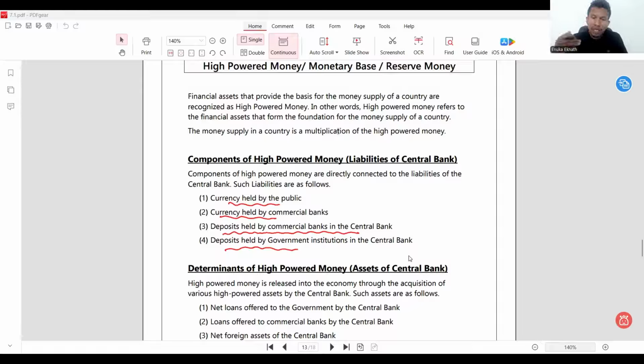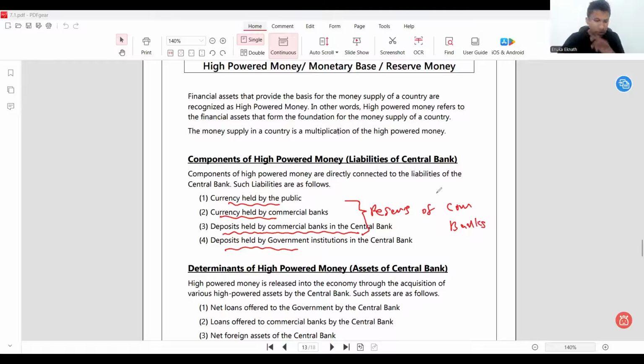So what happens when you get the totality of the second and third one? You can recognize this to be the reserves of commercial banks, right?